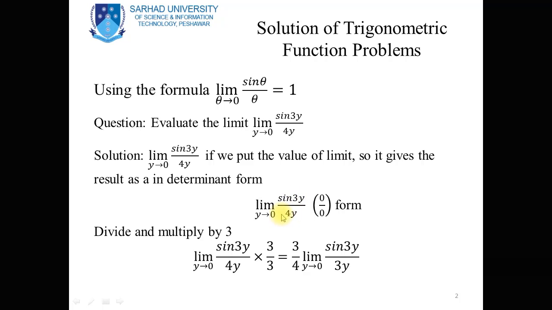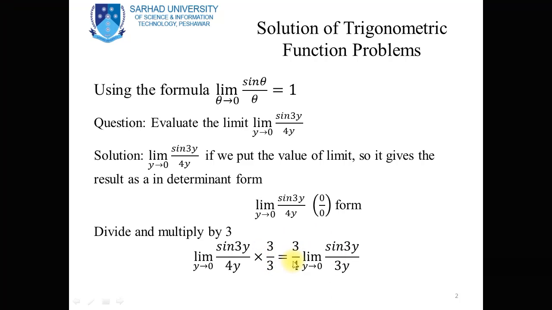So multiplying this expression by 3, you see over here, now 3 by 4 is the constant, and we have the limit y tends to 0 of sine 3y divided by 4y, multiplied and divided by 3.